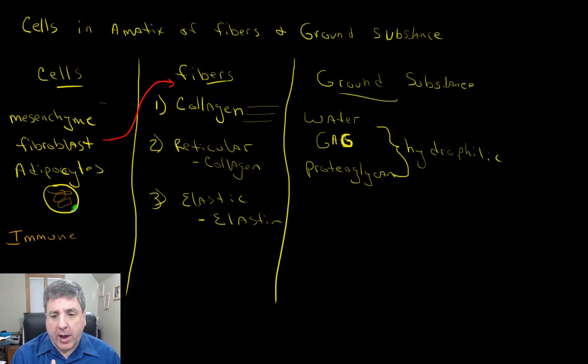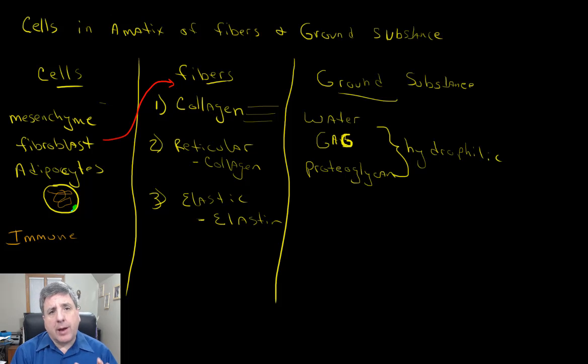So you can have a solid connective tissue, very little bit of ground substance, meaning very little water. You can have a semi-solid structure, such as a tendon or a ligament, or you can have a very liquidy one, which would be blood or lymph type.